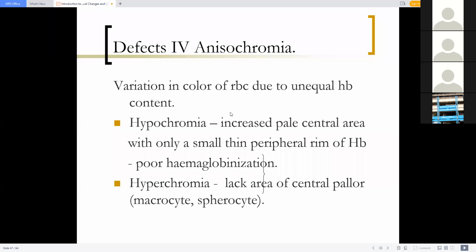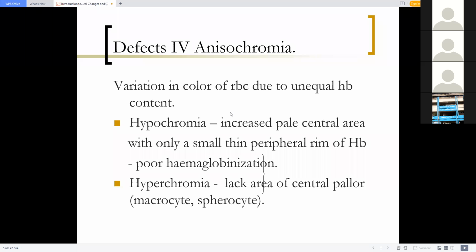Hypochromia, as I said, is an increase in the area of central pallor, and I think I have explained that enough. And hyperchromia is where the cells lack the area of central pallor. Remember, I showed you a macrocyte and a spherocyte, and those cells don't have an area of central pallor. So variations in hemoglobinization that correspond to the degree of stain that the cells take is called anisochromia.